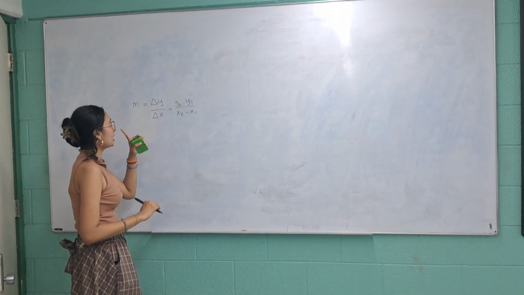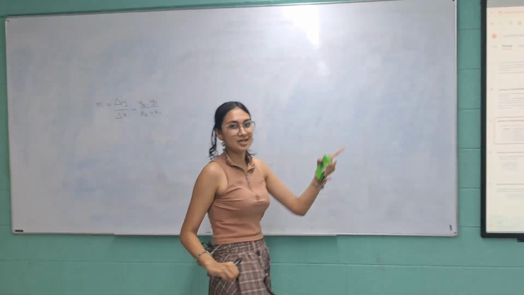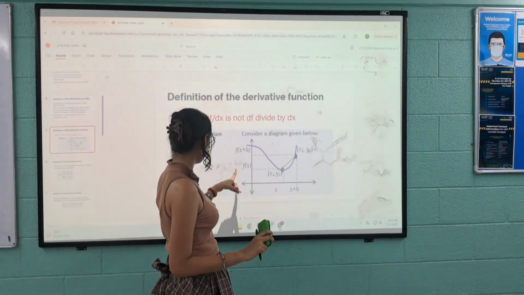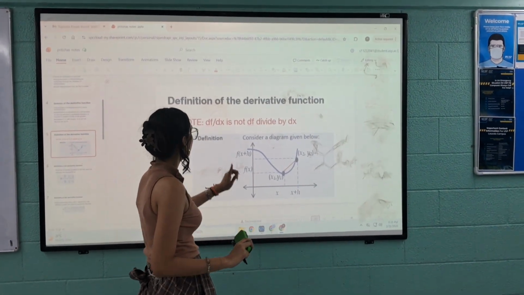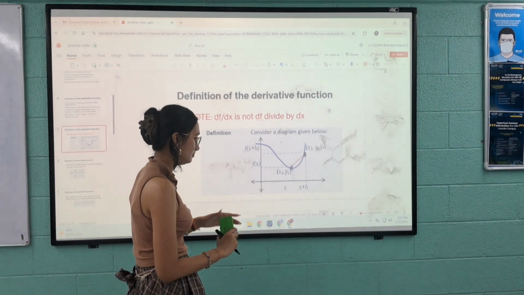So we got our y2, y1 and x2, x1 values from that definition graph. Our y1 is f of x and our y2 is f of x plus h.